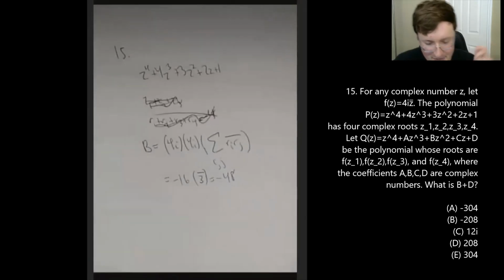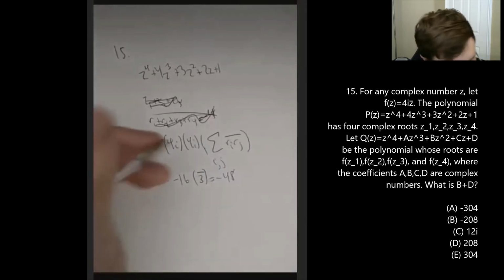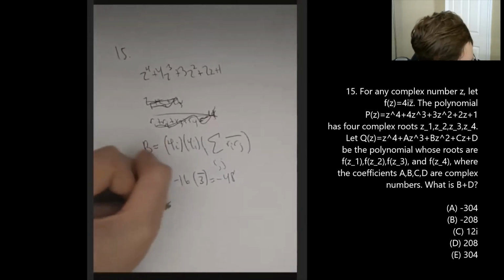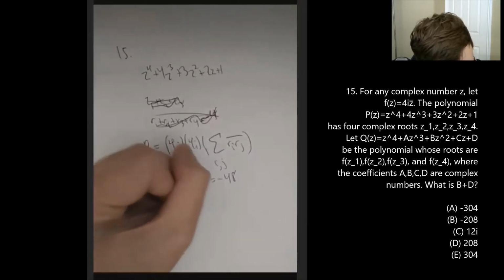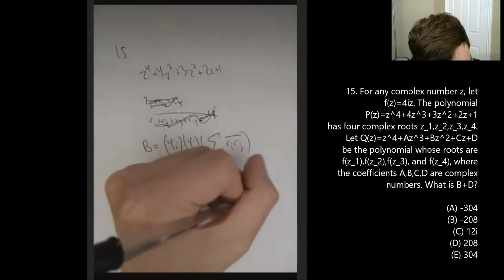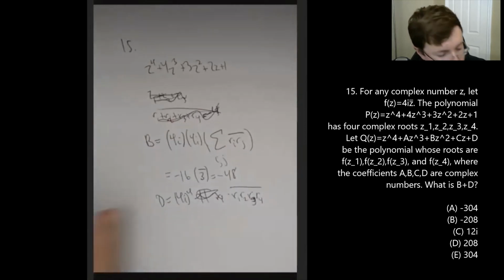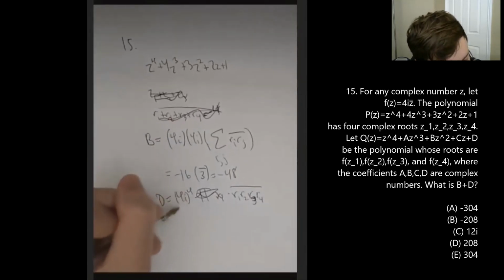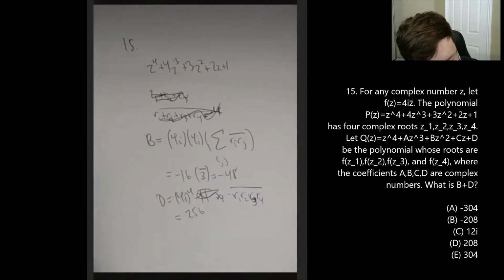I don't think the conjugation makes any difference because they're already in conjugate pairs. Okay, and then d is 4i to the 4th times the product of r1, r2, r3, r4 conjugate, and that's all 1. So this is 4 to the 4th, i to the 4th, so that's 256. Okay, b plus d is 208.